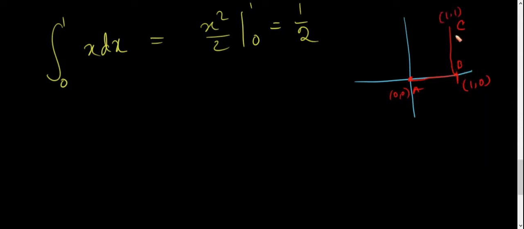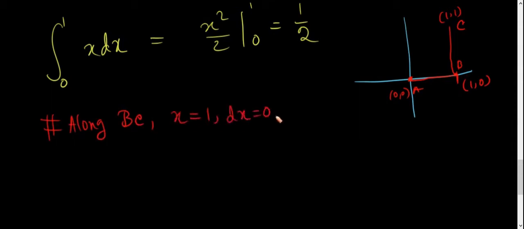And along BC, your x is equal to 1. So along BC, x is equal to 1. That means dx equals 0, and y is changing, and the lower limit of y is just 0, and the upper limit of y is just 1, right?